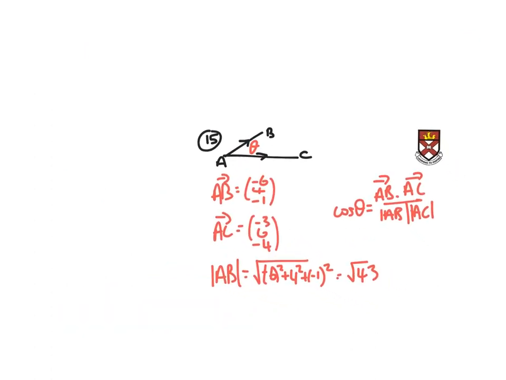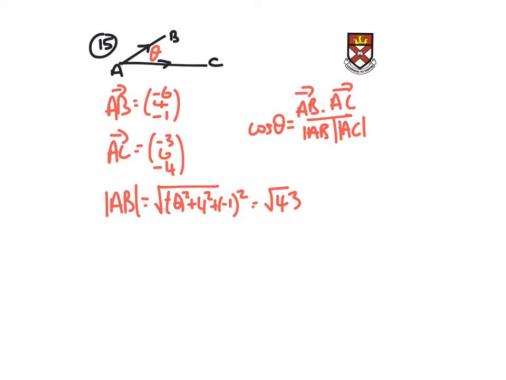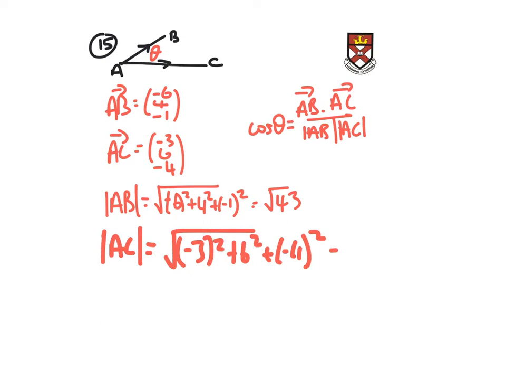It's a wee bit smaller so we can see what's happening. What's the length of AC? That's the square root of -3 squared plus 6 squared plus -4 squared, which is 9, add 36, add 16, which is root 61.